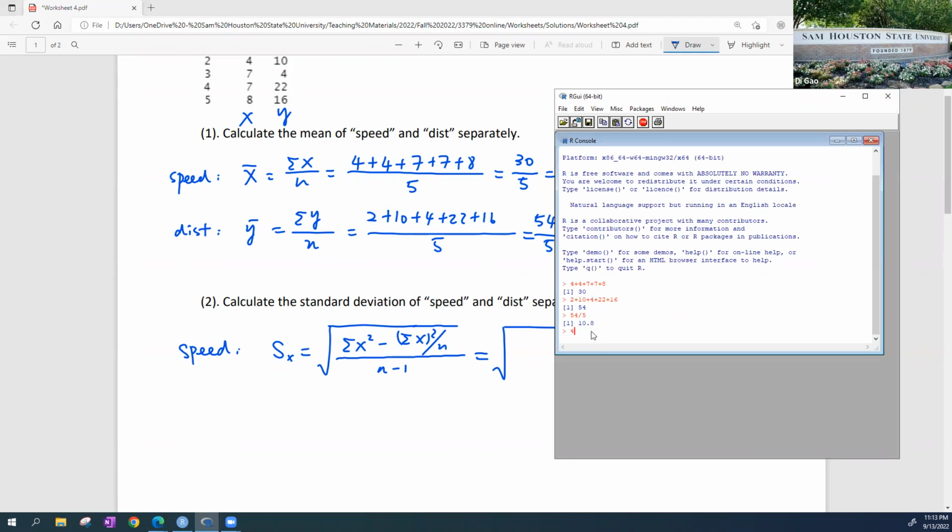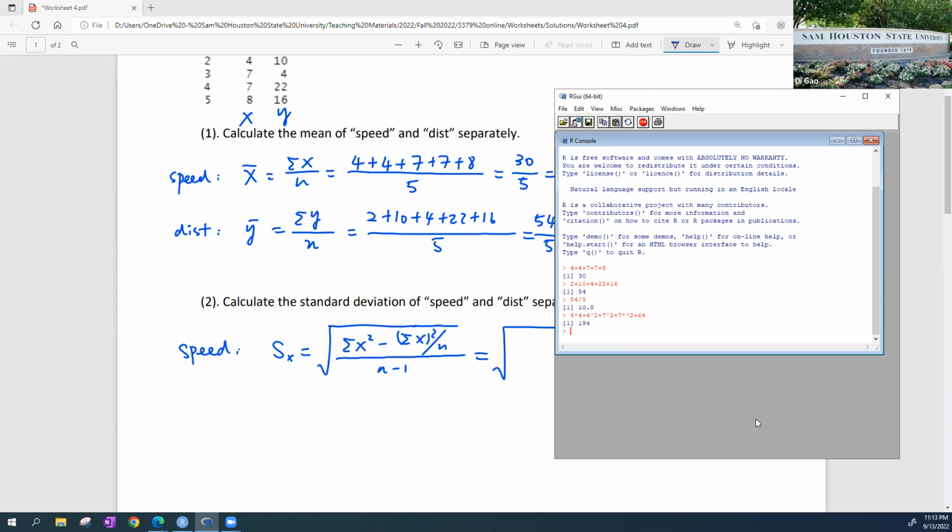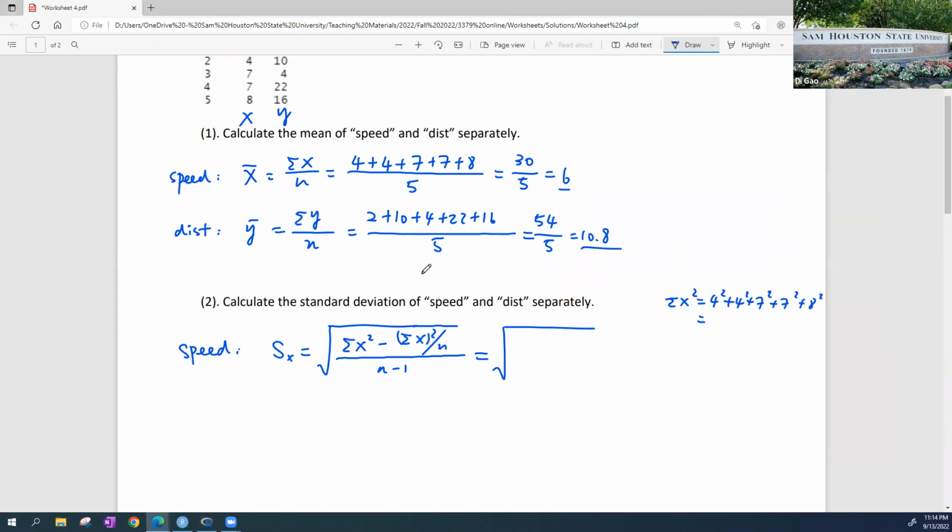We have 4 times 4 plus 4 squared plus 7 squared plus 7 squared plus 8 squared, which is 64. So we got 194.